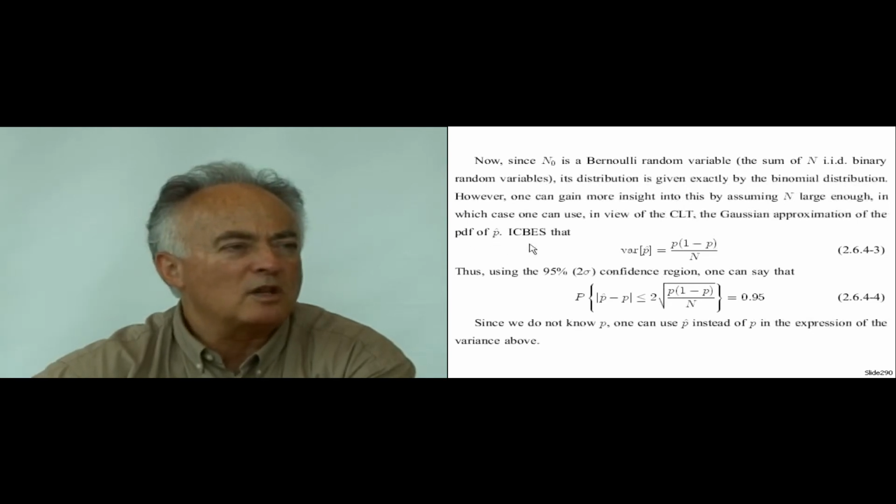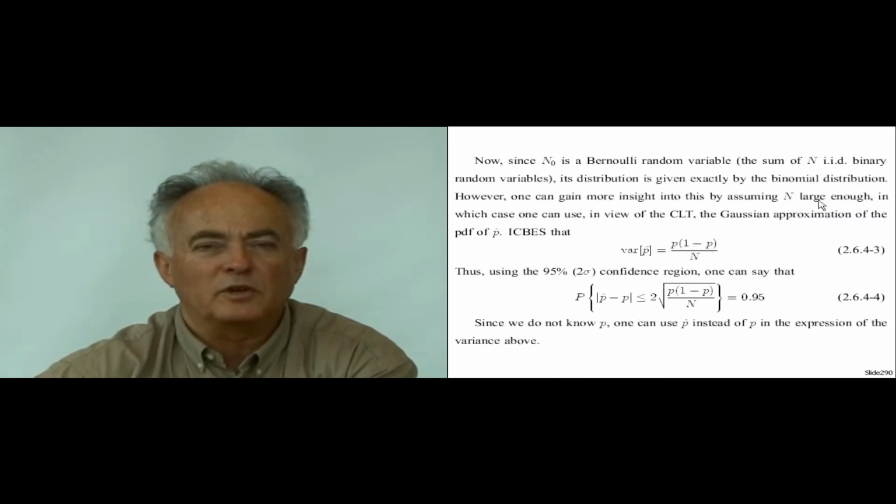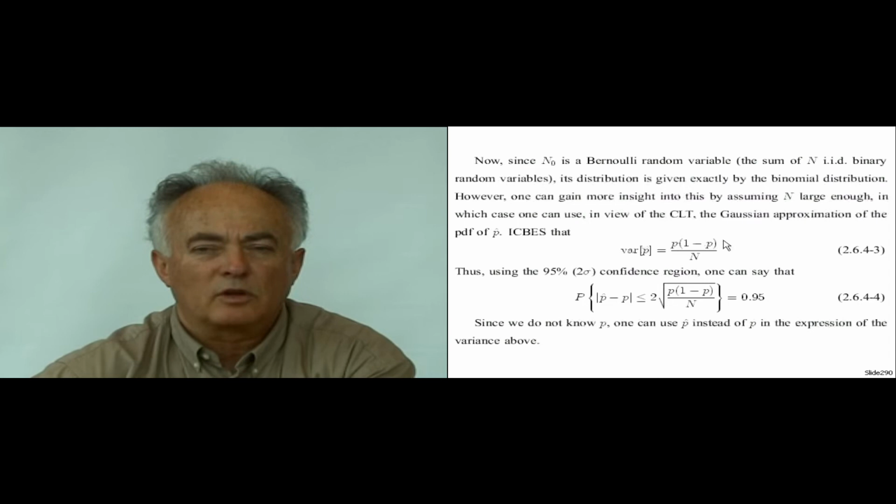It can be easily shown that the variance of p hat is p times 1 minus p over n. The variance of a binary random variable, again very easy to show, is p times 1 minus p. You take n such things, divide by n, and therefore the variance is the sum of the variances over n squared.